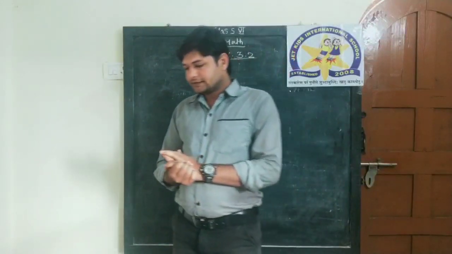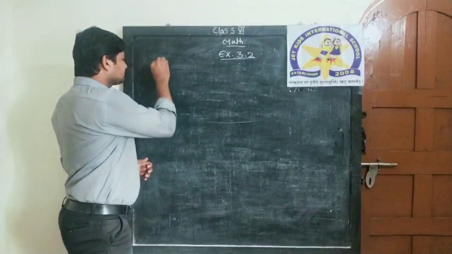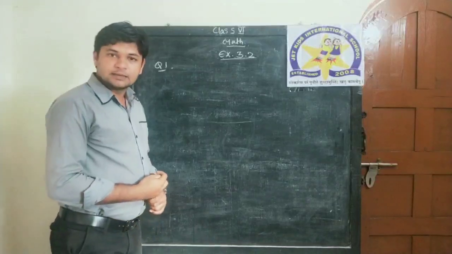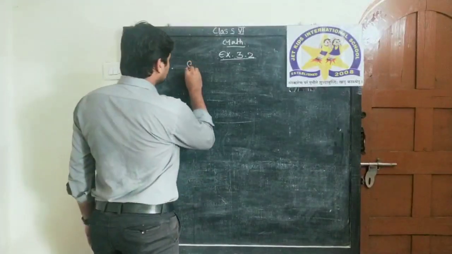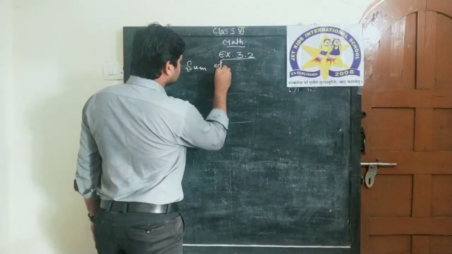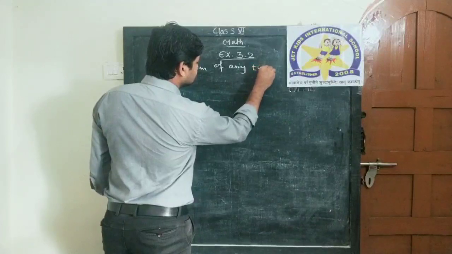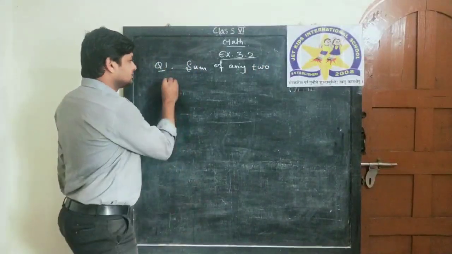So let us start with our first question. What is the sum of any two, A, odd numbers?